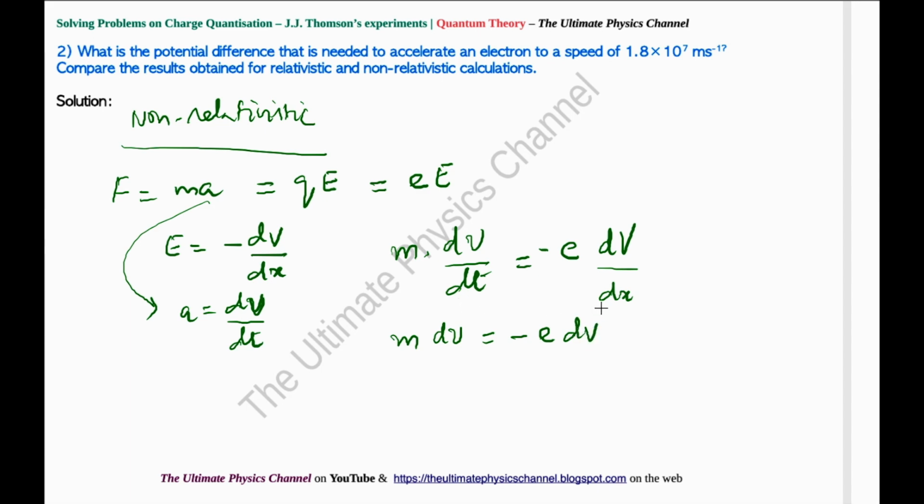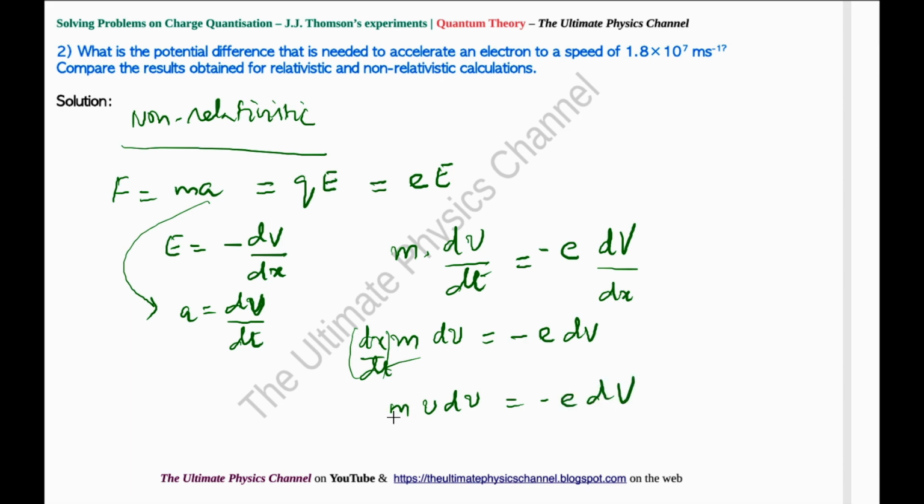This goes as dx here, so we have dx by dt here on the left, and here the dx is no longer there. Now we can say that this is per se the velocity, right? So we have m v dv is equal to minus e dV.